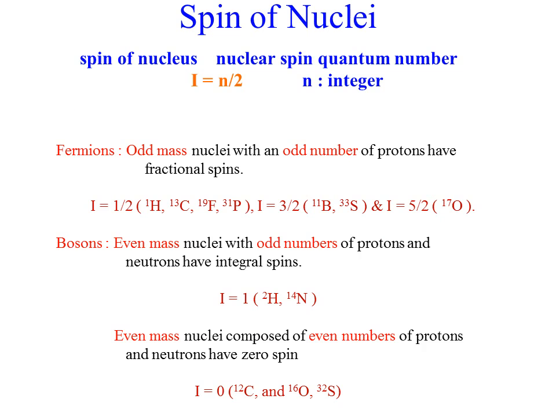Now, how can we determine whether a nucleus has spin or not? This depends on the nuclear spin quantum number, referred to as I, which equals n divided by 2. According to this, atoms are divided into two subtypes. First, fermions, when the mass is odd and the number of protons is also odd.